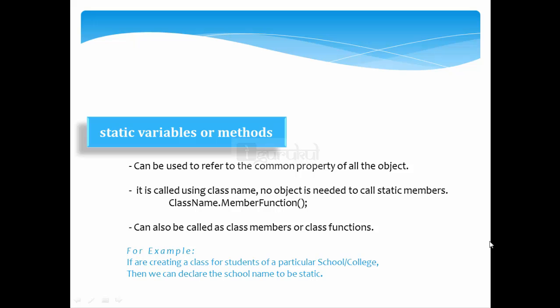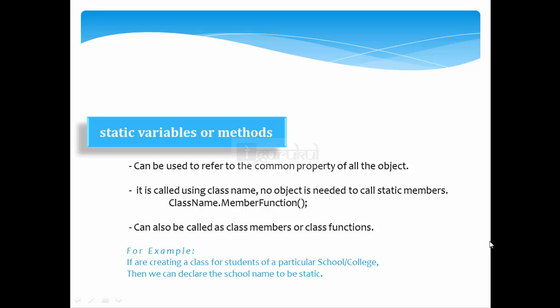That means you will be using a memory location for the variable school name in each and every instance. So it is a kind of misuse of memory. To eliminate this kind of problem, we use static variables. By declaring a variable or a method as static, it allows just a single copy to be created, and whenever you create an instance of a class, it will refer to that copy only.